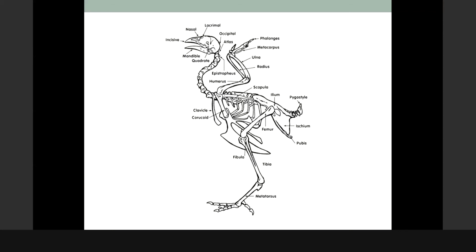You can see the back here, this synsacrum, is all fused together, unlike the mammals where all the vertebrae are separated. They also have 7 cranial bones and the rest. Radius and ulna become the wing, and a few others.